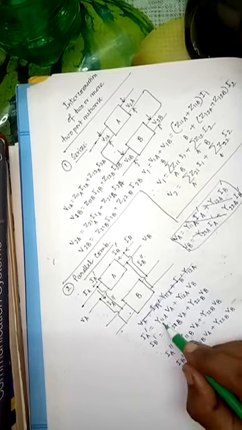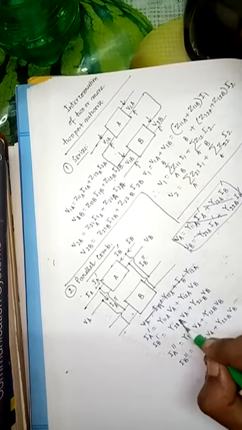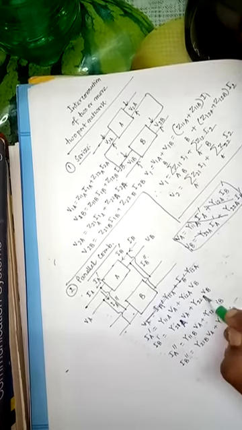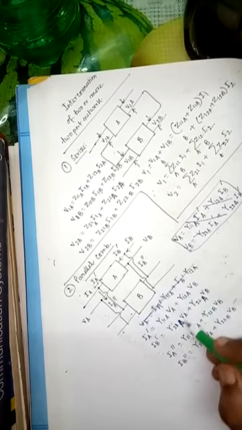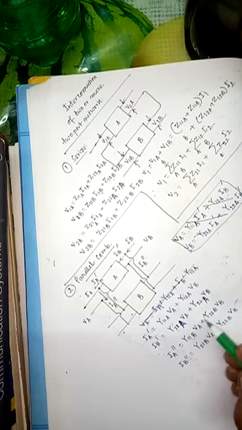So here all are A, it should be A. So it is Y11A plus Y12A VB. This is Y21A VA, Y22A VA.